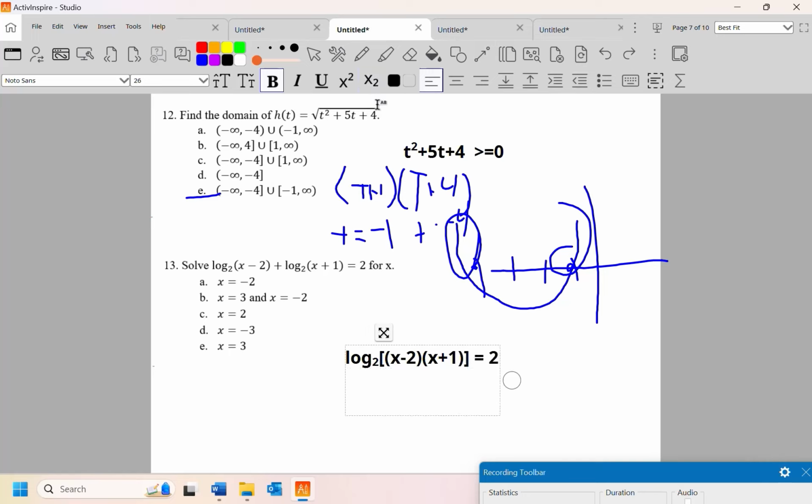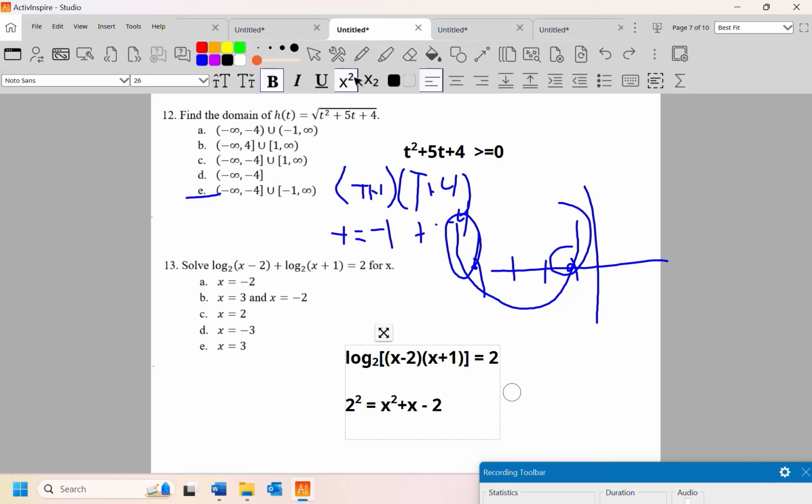We're going to do log is base, argument, exponent: 2 to the second equals all of this stuff inside, which if I FOIL is x squared plus x minus 2. 2 squared is 4.